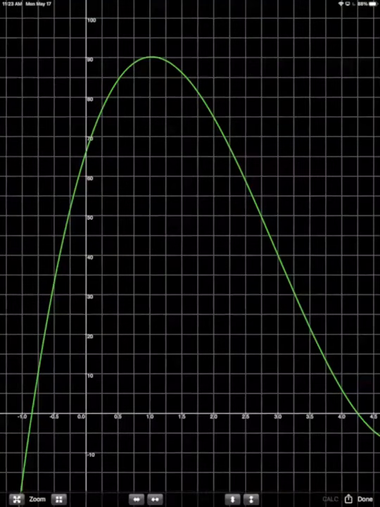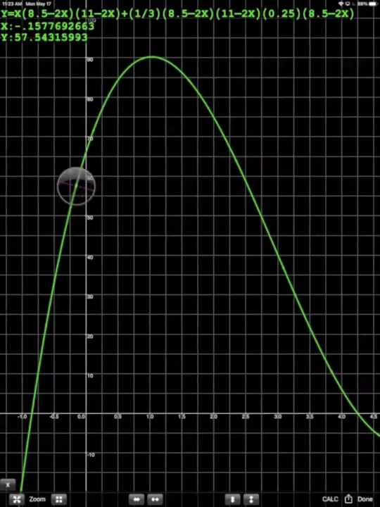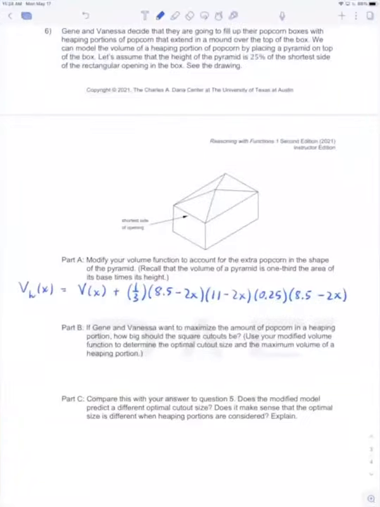So let's graph that and go up to the max here. We can see when x is about 1.02, our y reaches its maximum output at about 90.2. So let's go back and answer our question. If Gene and Vanessa want to maximize the amount of popcorn in a heaping portion, how big should the square cutouts be?